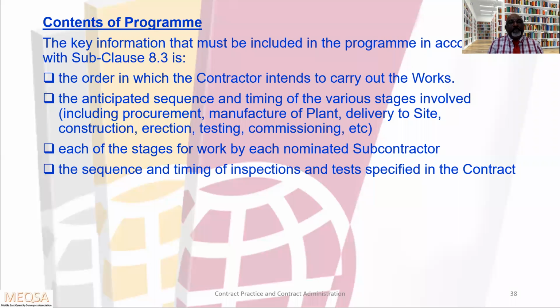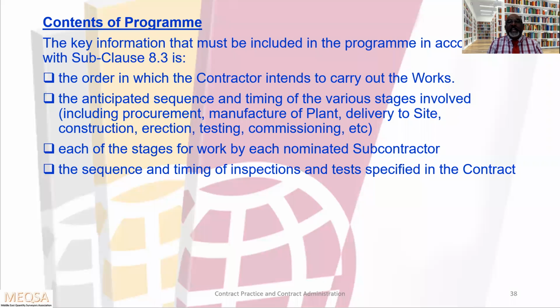Content of the program. The key information that must be included in the program in accordance with subclause 8.3: the order in which the contractor intends to carry out the work. They might ask what is the purpose of submitting the program. The APC panel might ask this question. The method the contractor intends to use to carry out the work.